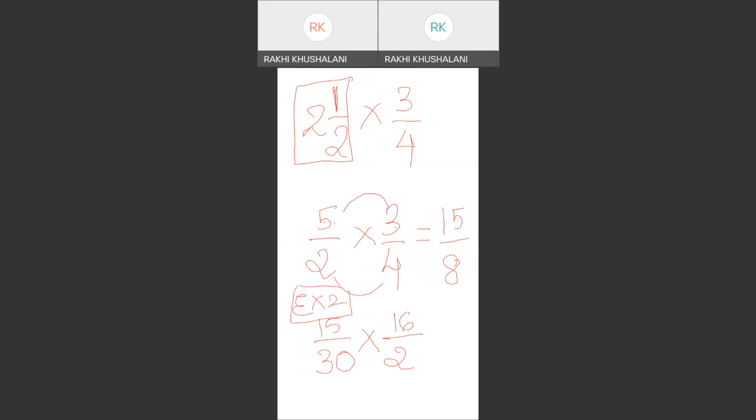Okay, so here also, again, you have to check if any sort of cancellation is possible, any common factor, crisscross also you can see. Yes, 15 into 1. I'll change the pen color. And 15 into 2. Again, 2 into 1 and 2 into 8 is equal to 16.